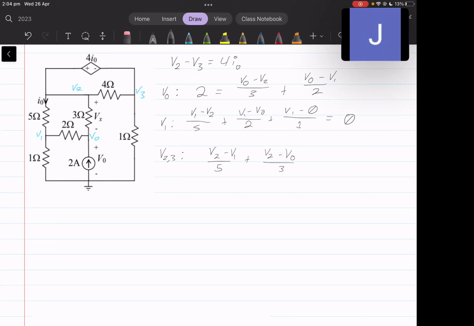So that would be these two. And then if we did this part, it would just cancel out with itself. So we can ignore that and just look at the current flowing out here. And that should describe V2 and V3 as one block. So then we can go plus.